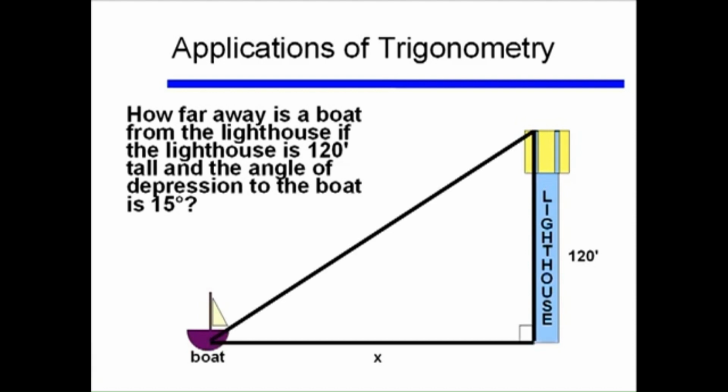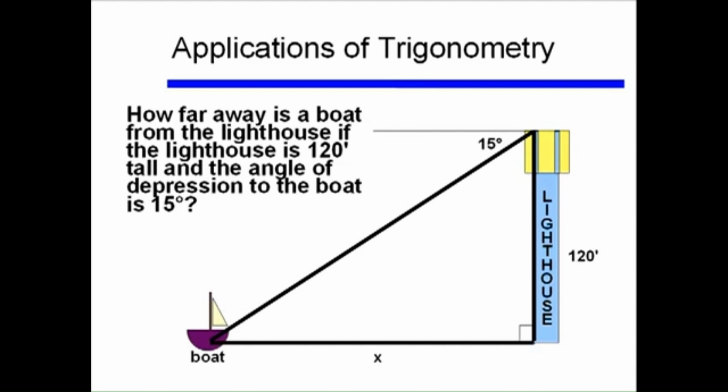I can complete a right triangle, but I'm not quite sure where that angle of depression of 15 degrees goes. Well, an angle of depression is the angle formed by the horizon down to a point. In this case, if we were on top of the lighthouse, we'd be looking straight ahead, and we would go down 15 degrees to line up and to see the boat.